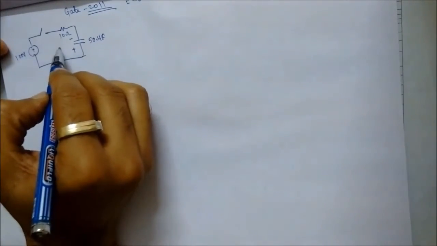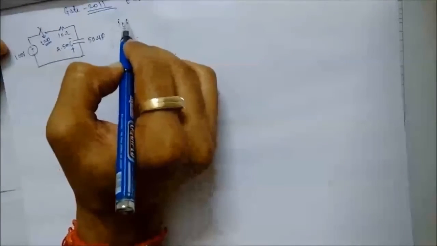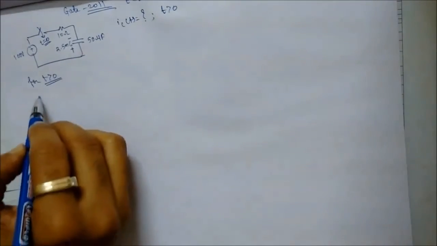Let's say the GATE 2011 numerical for an RC circuit, in which a voltage source of 100 volt is given, R value is 10 ohm, capacitance value is 50 microfarad, and with the given polarity it is storing 2.5 millicoulomb, the initial condition given, and the switch is closed at t is equal to 0. We have to find out i_C(t) for t greater than 0. For t greater than 0, the circuit will be something like this.